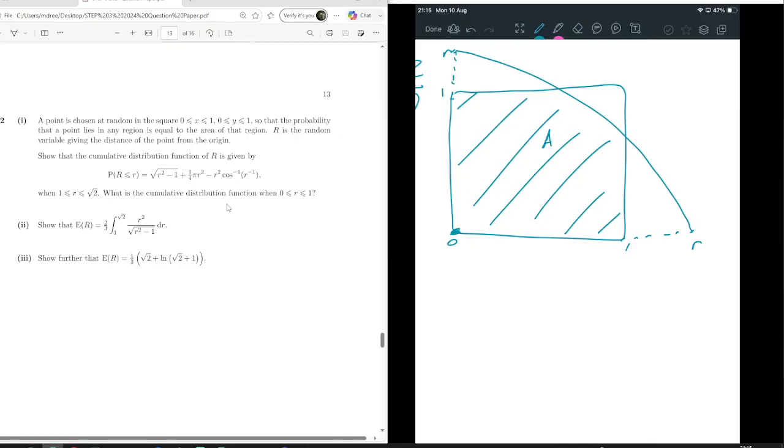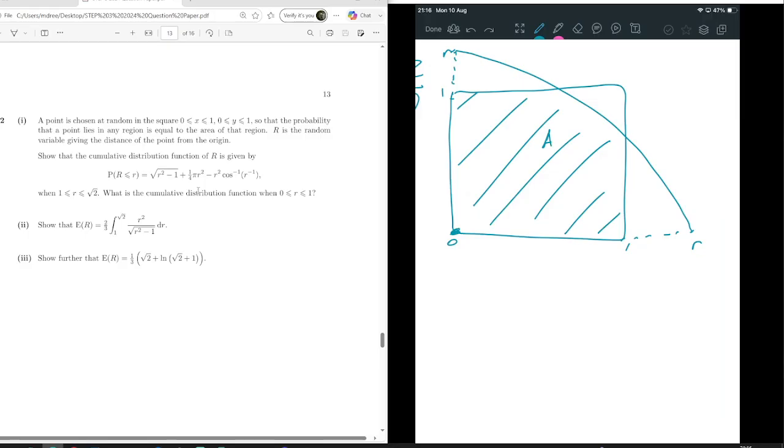How am I going to find that area comfortably? Well, it feels like I want to do the area of the whole semicircle. And if you look at the answer, the area of the whole quarter circle is exactly that term there. And I want to lose this area and this area?